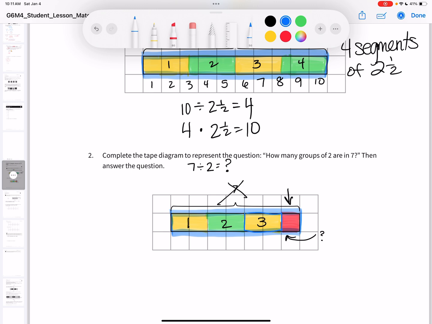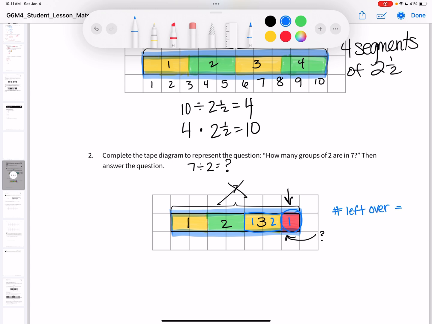We're going to say, how many pieces are in that one group, right? How many pieces are in this group? Well, there are 2 pieces in that group. And how many pieces here are there? Well, there's 1.